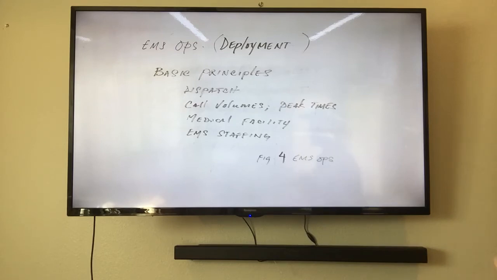Now, who's in charge of this? It's usually the agency that has bid for that contract. Once they have the contract, they are bound by this contract to provide EMS services. Response times are written out and spelled out specifically for the urban environments and for your rural or suburban environments.